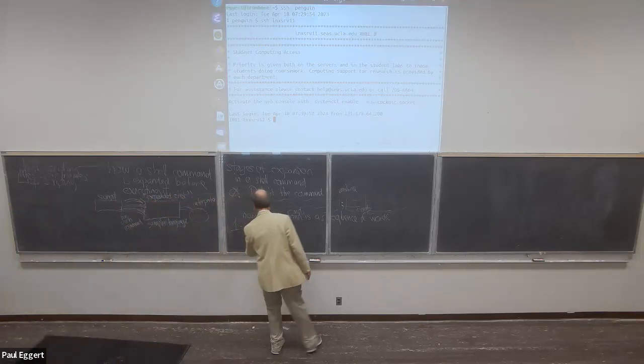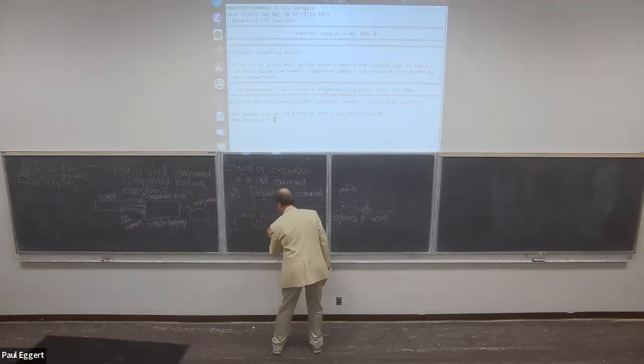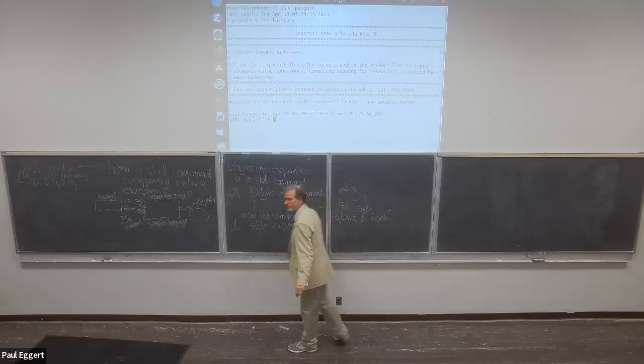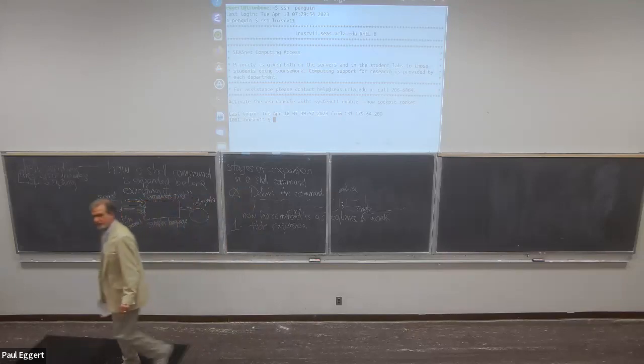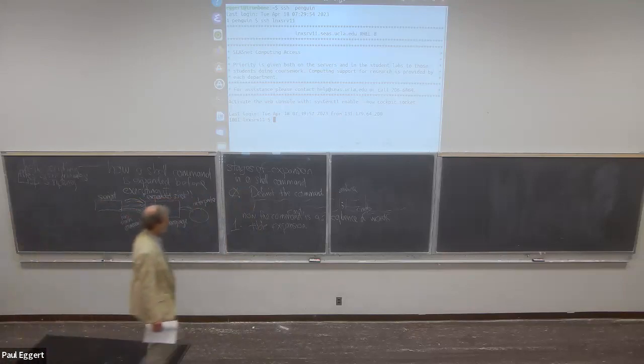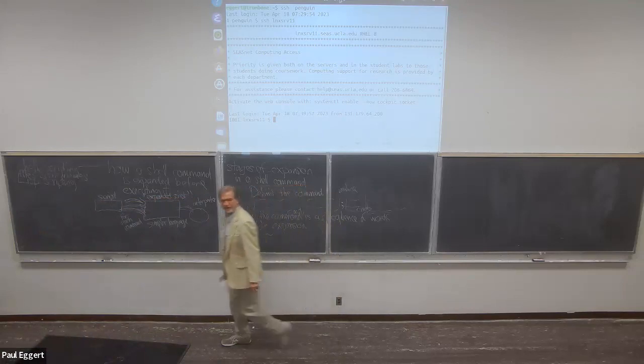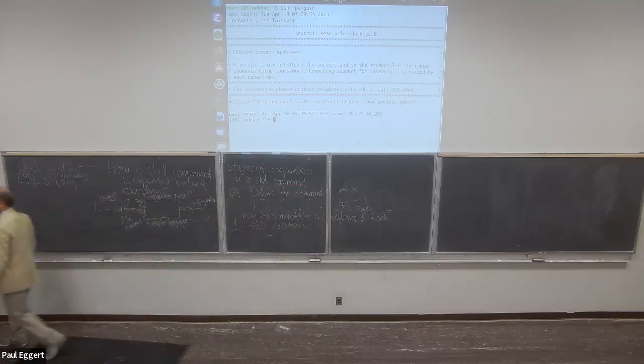The first one is tilde expansion. Tilde expansion occurs when a word starts with a tilde. The simplest one is this word here. Here's the word tilde. And that expands into your home directory.